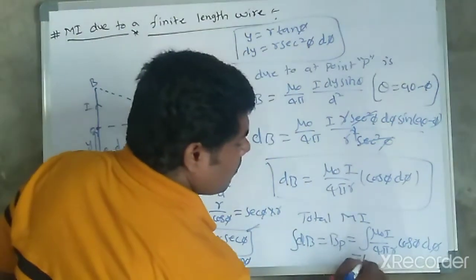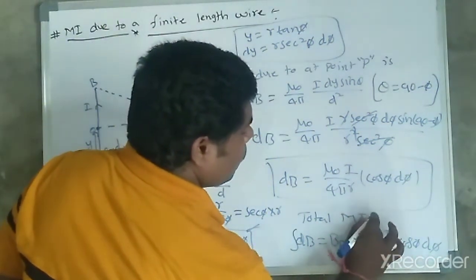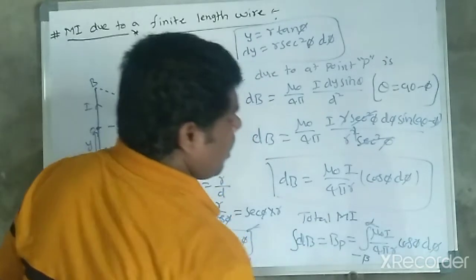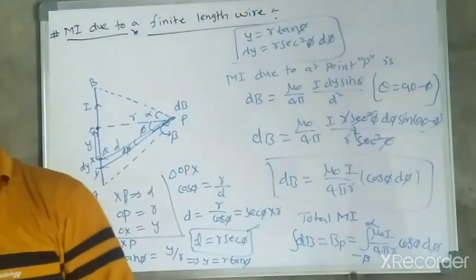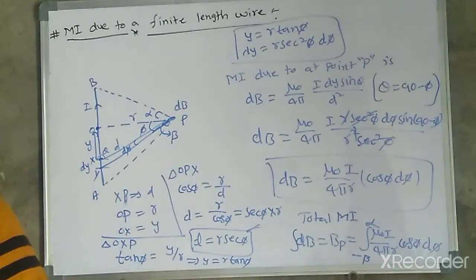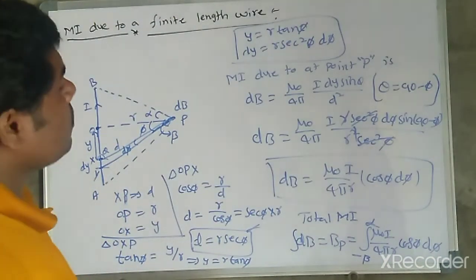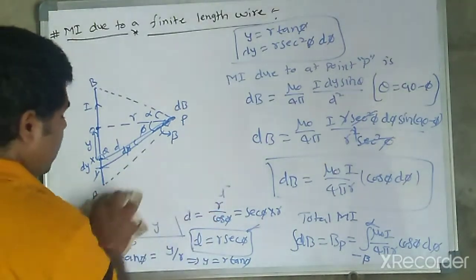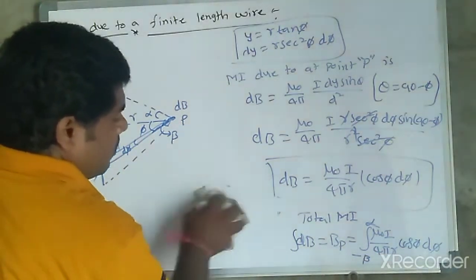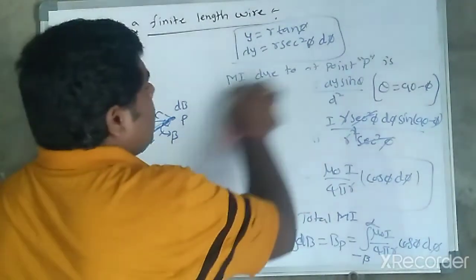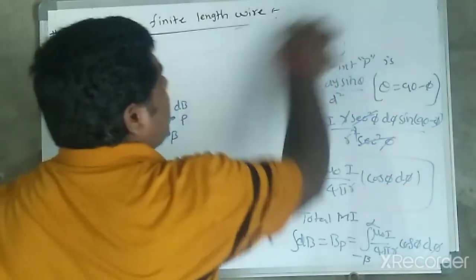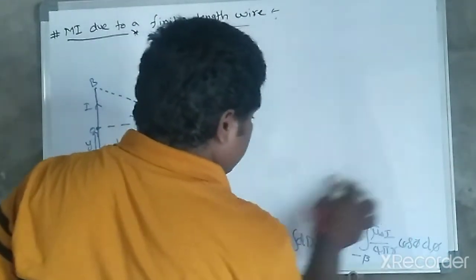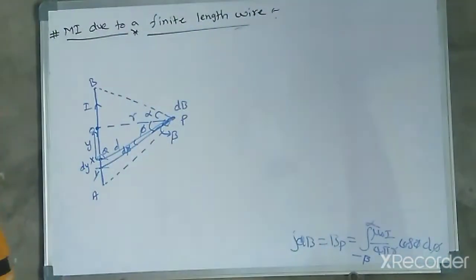That's why the limits are minus beta to alpha. Mu naught, I and 4 pi are constant, only cos phi is variable, so the remaining terms you may write out of the integral.